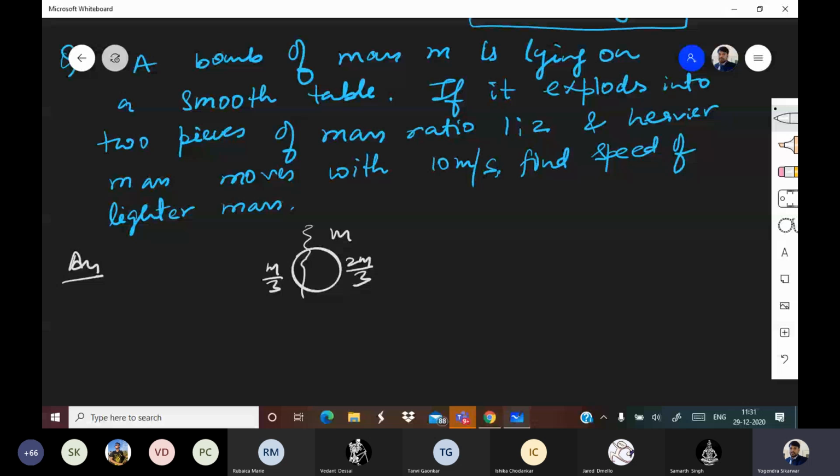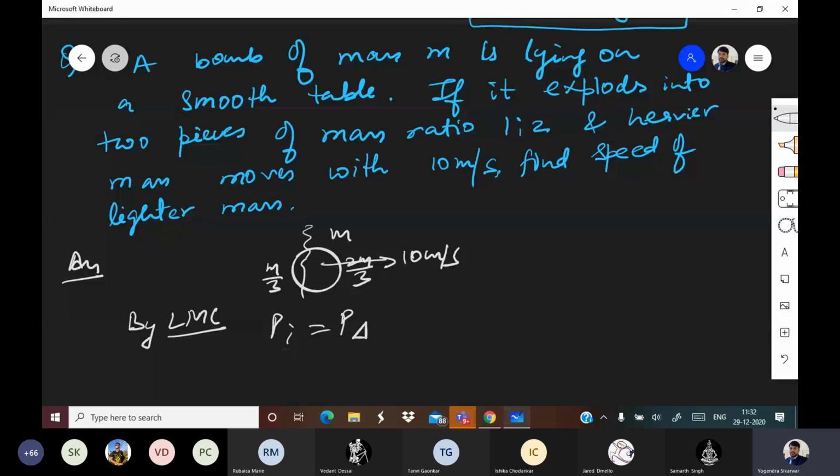And the heavier mass, which is 2m by 3, is moving with 10 meters per second. So simple LMC will be able to help you. By linear momentum conservation, P initial is equal to P final.